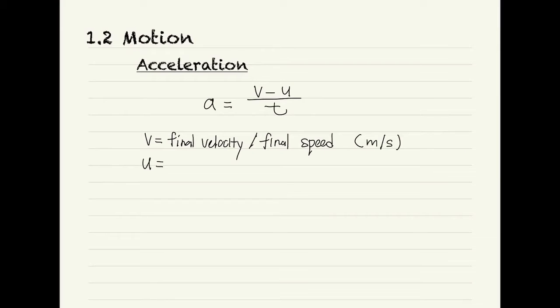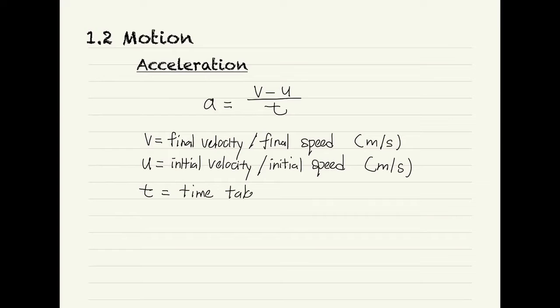U is initial velocity, or sometimes also called initial speed. Unit is meter per second. T is time taken. Unit is second. A is acceleration with unit meter per second square.